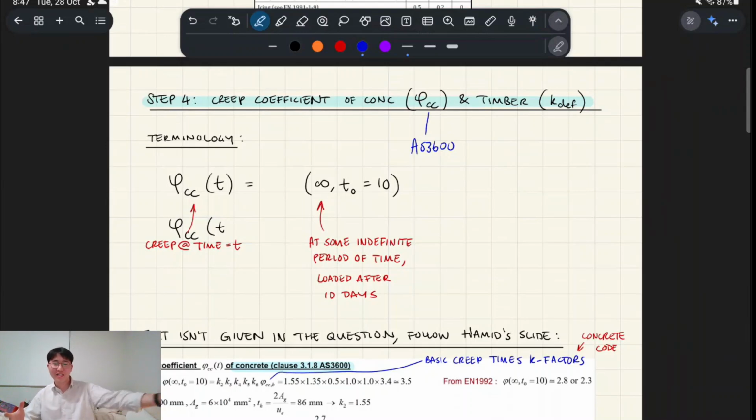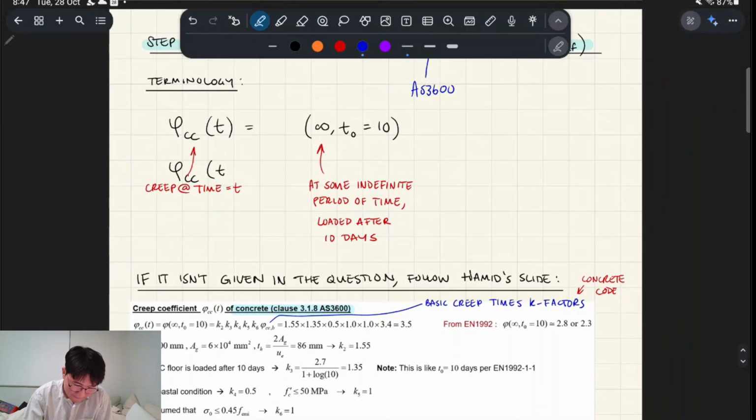So we're borrowing a little bit from the Australian standards, and a little bit from the Eurocode. Whenever we do load combinations, it's from the Eurocode. Whenever we do timber related calculations, it's from the Eurocode. When we do the shear studs, that's Eurocode. But when we do concrete related stuff, it's the Australian standards, right? So keep that in mind.